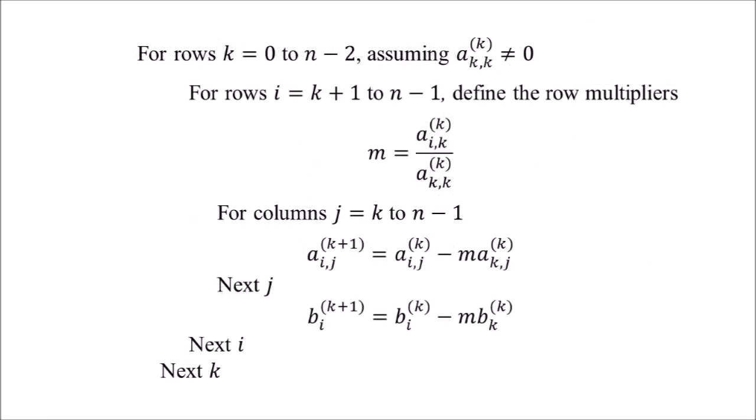This is the algorithm in pseudocode for manipulating the values in the square matrix so that the values below the main diagonal will be equal to 0.